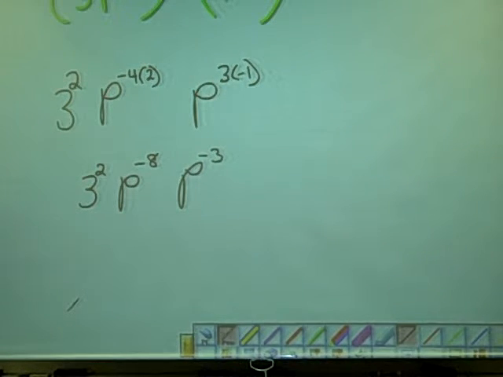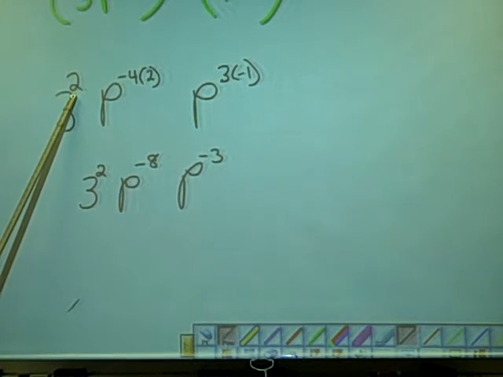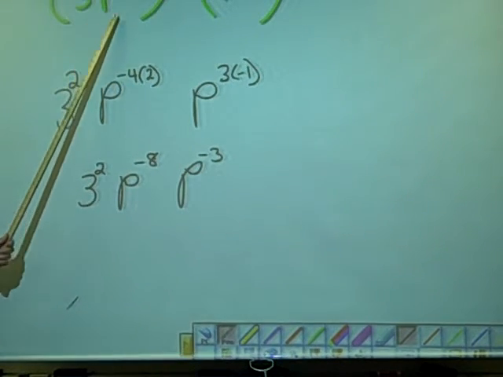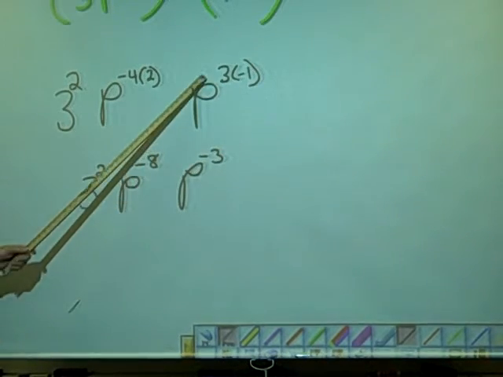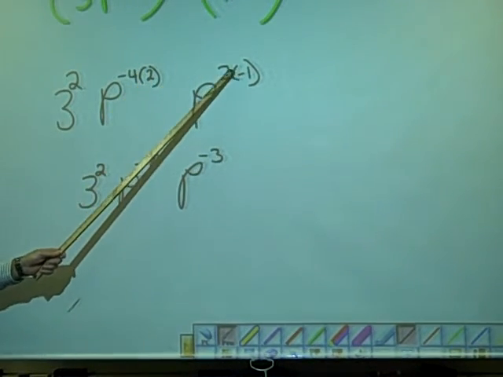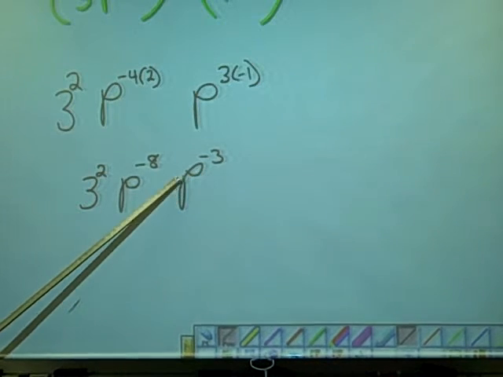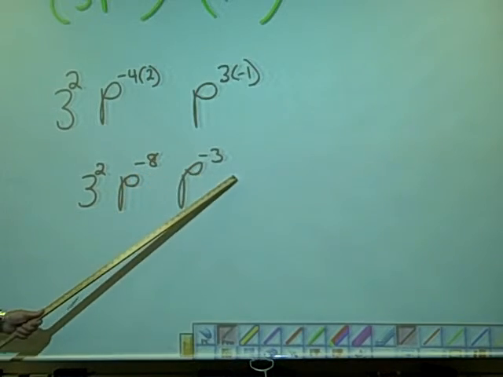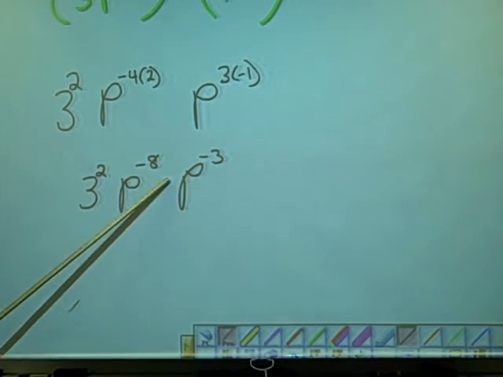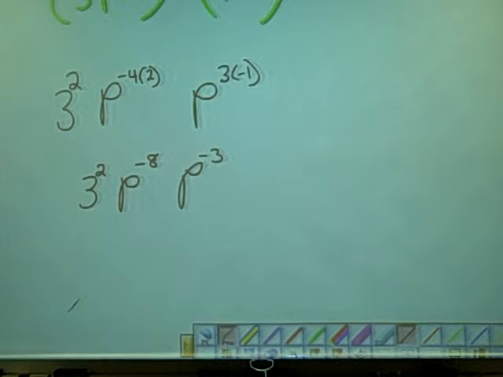Okay, I worked it out part of the way through. We distribute that 2 exponent, that became 3 to the 9th, and this became P to the -4 times 2 is P to the -8. And then here this is -1 times 3, we'll get P to the -3. Okay, so this 3 squared, that's going to become a 9, right? But what happens to these exponents here? We're going to get 9 P, and what are we doing with these exponents?